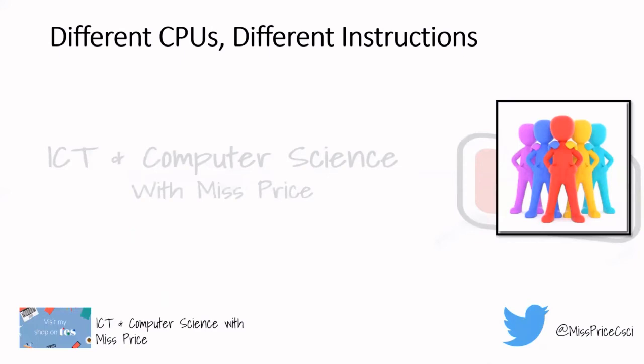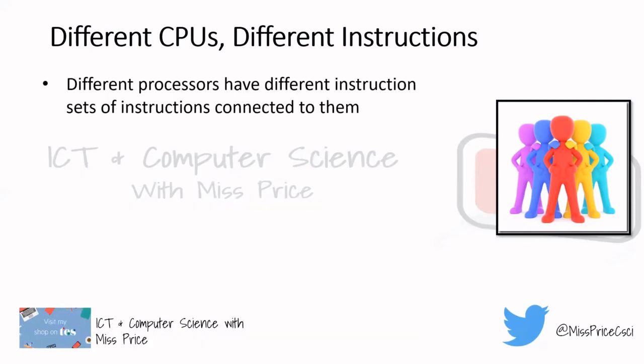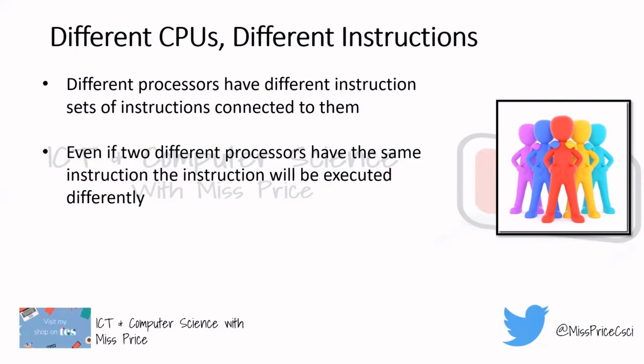So, as I said, different CPUs, different instructions. I suppose different people have got different capabilities in their brains. So the different processors have different instructions, or sets of instructions connected to them. So even if 2 different processors have the same instruction, the instruction will be executed differently.